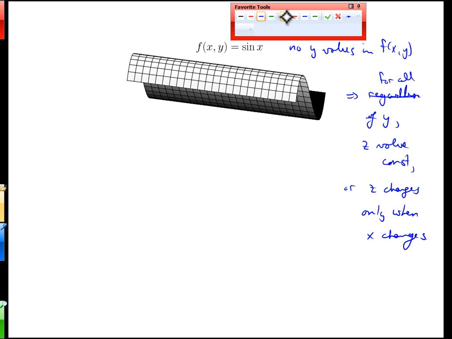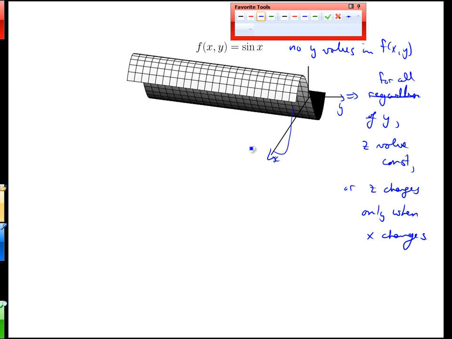What we see here, and again, remember we do these axes in a little different way than we would in one variable. Positive x is going out this way, so the sine function actually would look like this. Then along the y direction, as long as I don't change y, I don't change my height.